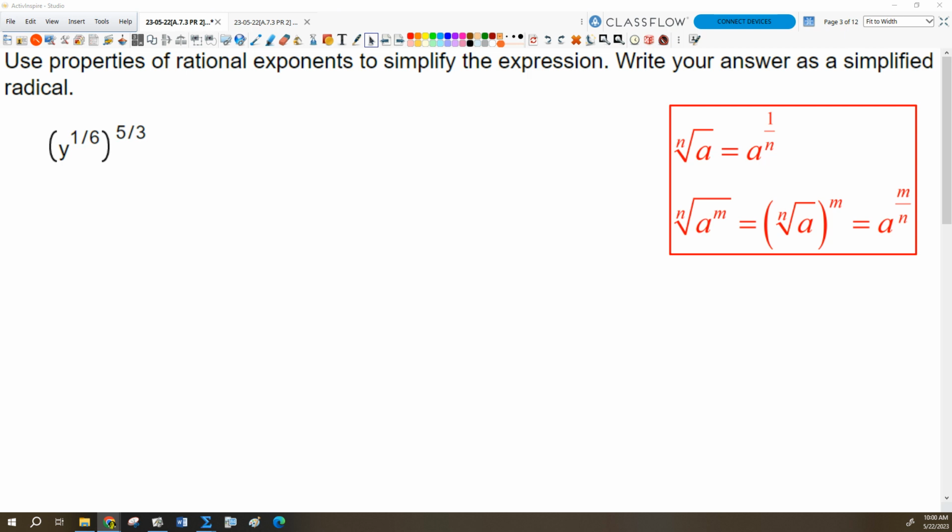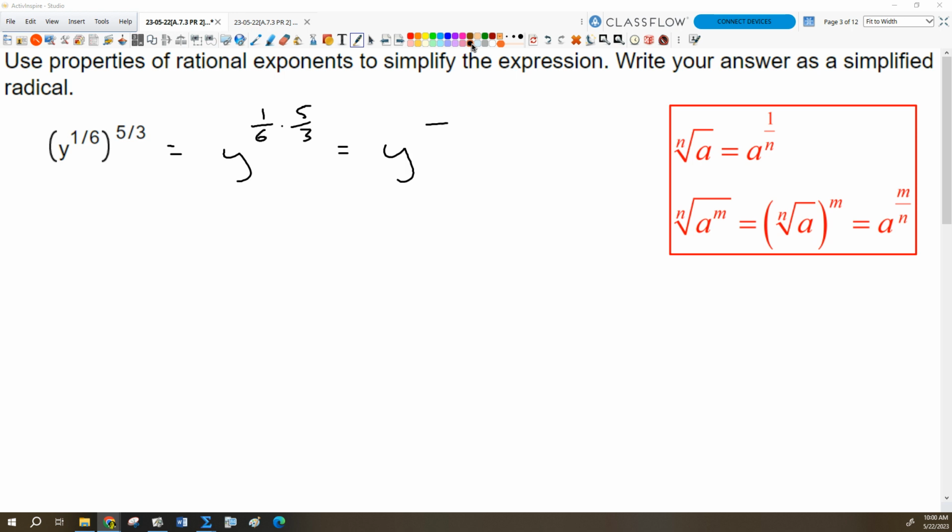Okay, so when we take a power to a power, you've already told me correctly that we multiply exponents, right? So this just becomes y to the 1/6 times 5/3. Multiplying exponents is easy. You just multiply straight across.